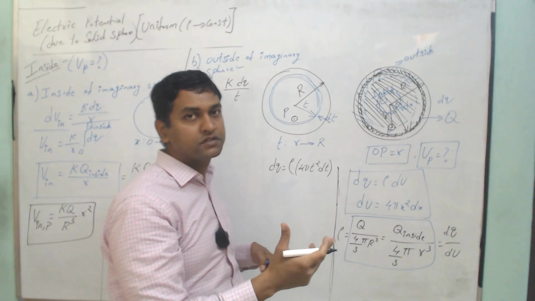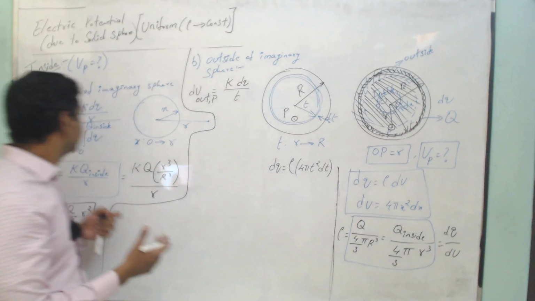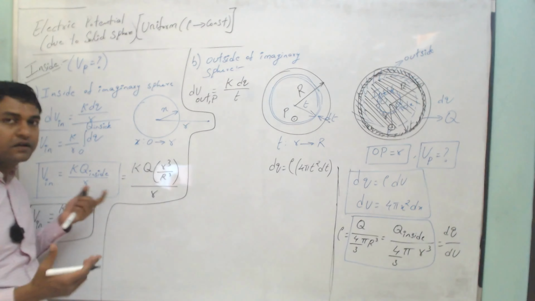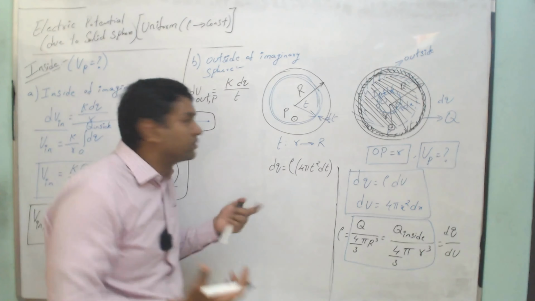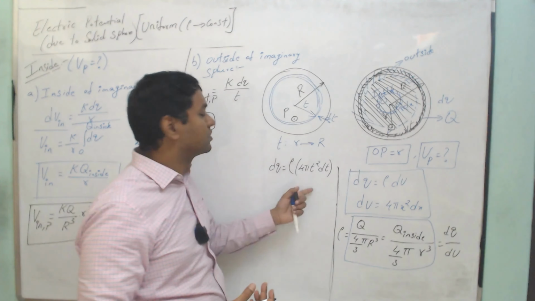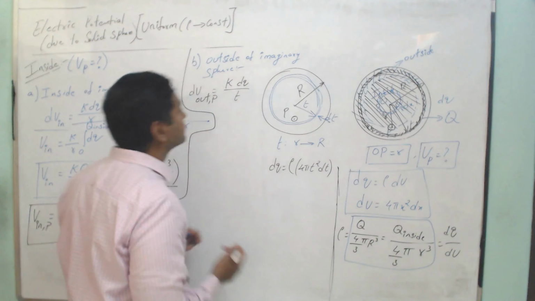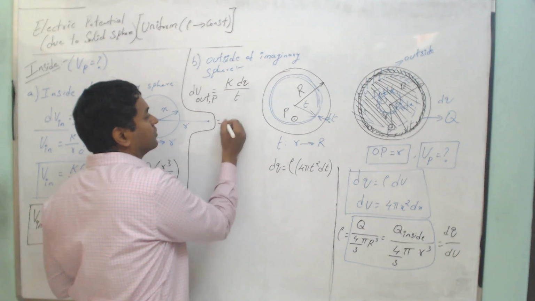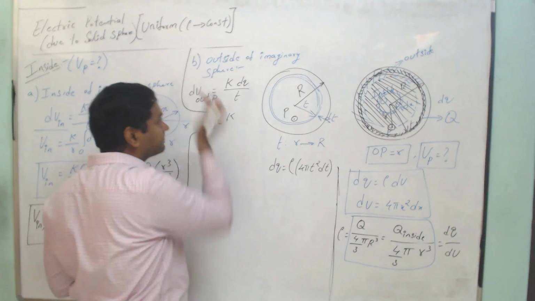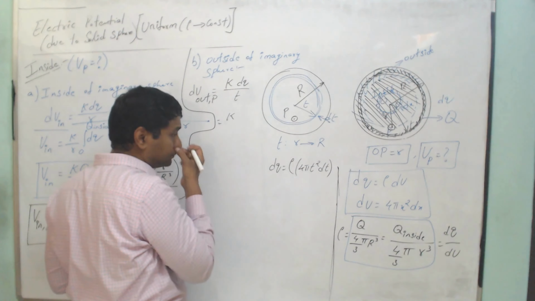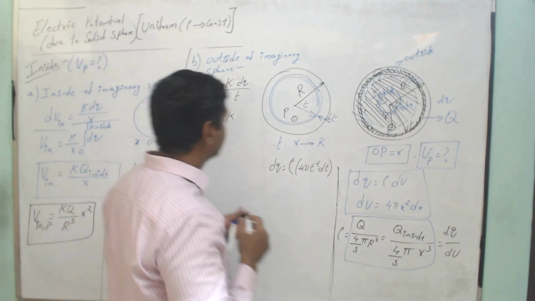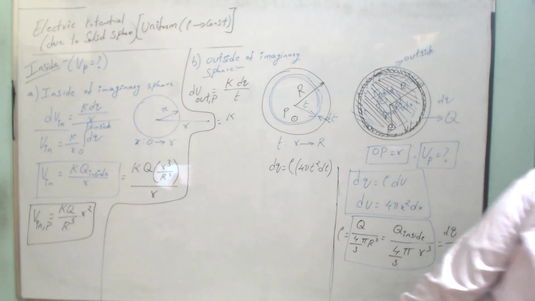That's the importance. Earlier I had smaller r, it was a constant, so no problem. Here I have t, so I'll have to substitute this one. dV is equal to k, we'll have to substitute the entire thing.